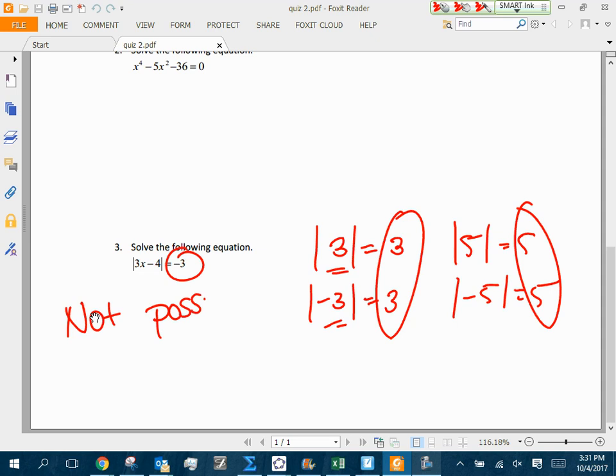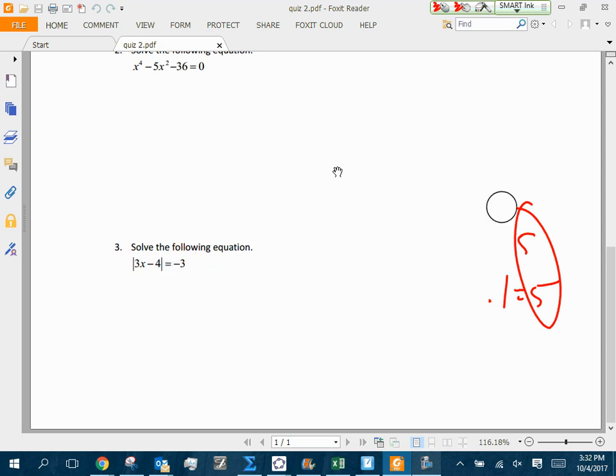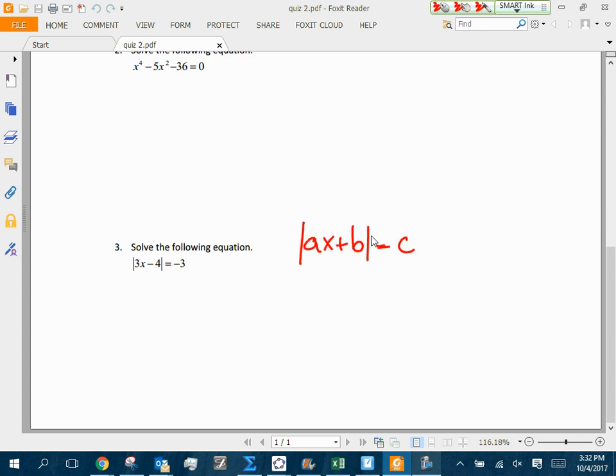It never happens. Absolute value is distance, how far something is away from 0. Therefore, distance can never be negative. Some people did this, which is okay. I understand the logic here. They said, I know this rule that we talked about in class, that I should be able to say ax plus b equals c, and ax plus b equals the opposite of c.